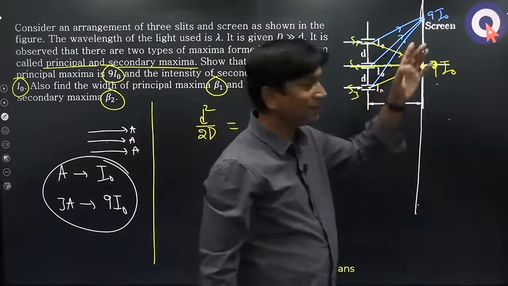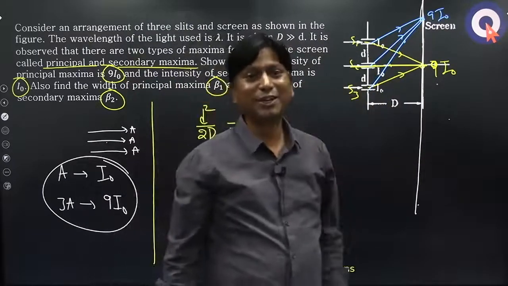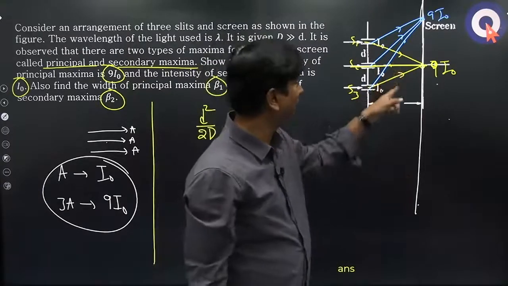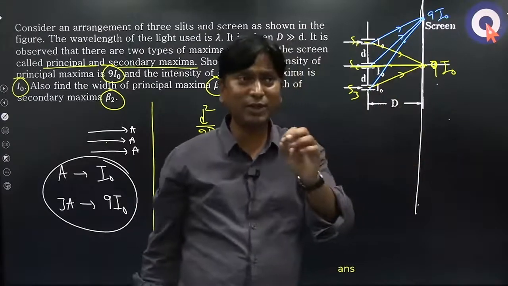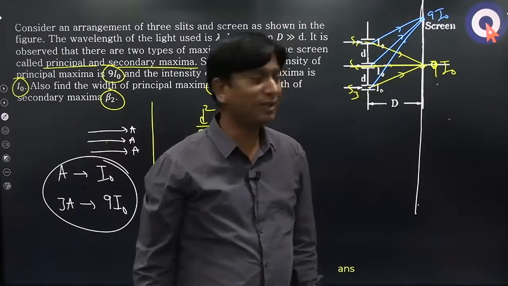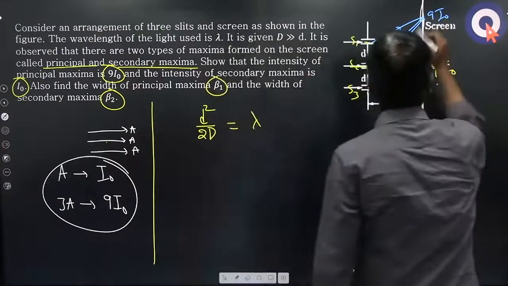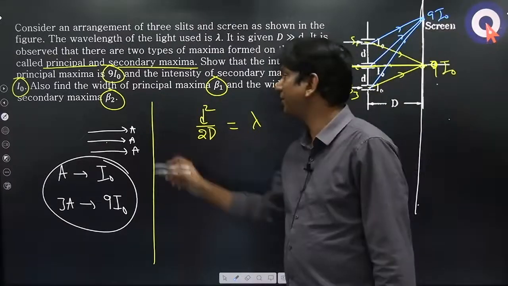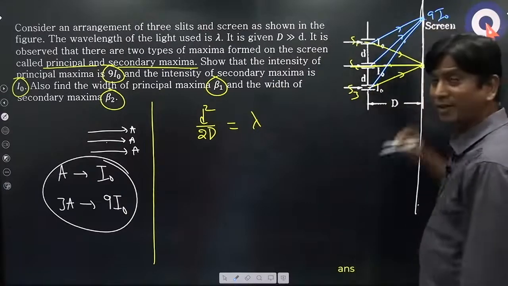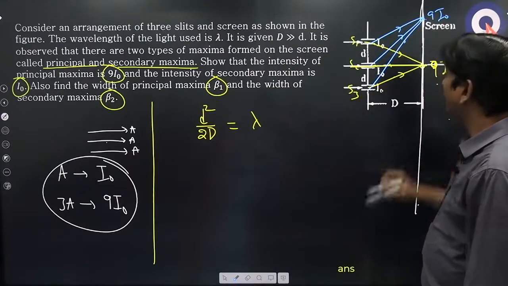But in that, no 2 will have a phase difference of 0. Of course, here these 2 are having phase difference 0, and between these 2 you are having a phase difference of 2 pi, meaning path difference is lambda. Now here again you may get a 9 I naught. So the width of the principal maximum means the distance between 9 I naught and 9 I naught. This is a 9 I naught, this is also 9 I naught.